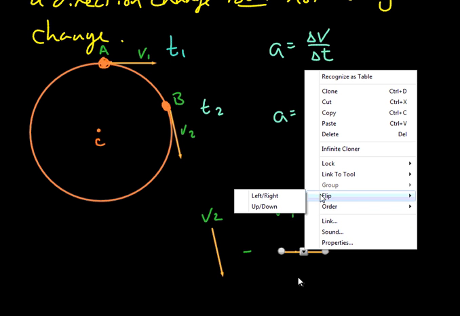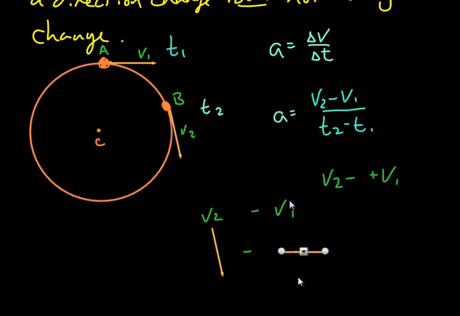Look, I have a flip function. Flip left to right. Did it work? Heck yeah, it did. Now we're going to add them tip to tail. Add the opposite. So we get this happening.